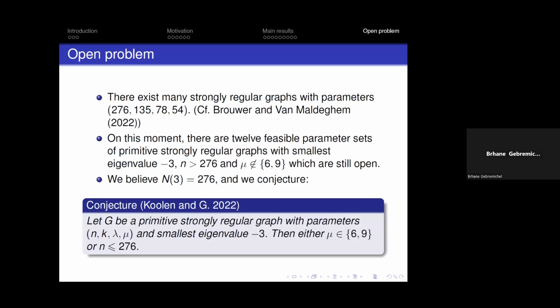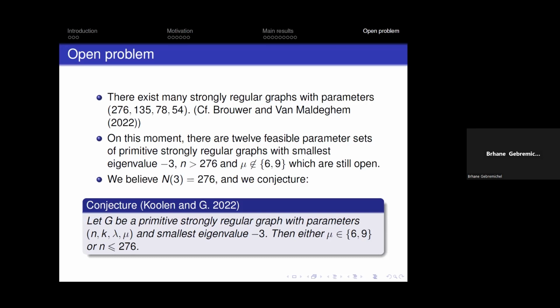Let G be a primitive strongly regular graph with parameters (n, k, λ, μ) and smallest eigenvalue -3. Then either μ is 6 or 9, or n is at most 276.